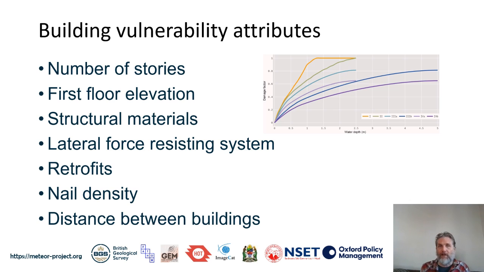First floor elevation is something that we often look at in terms of flooding, because that tells you where the water is going to start to get into the first floor where it can cause damage. The structural materials that it's been made of, whether it's informal materials, indigenous materials, wood, light wood, brick, what have you. Lateral force resisting system.